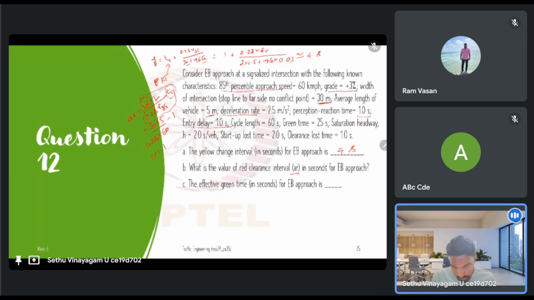So let's look at how to calculate the effective green. The relationship between effective green and the green is like this. The effective green is equal to the green time plus the change interval time plus the all red time, minus the total loss time. Basically, it is the total amount of time available for you to move, minus the total amount of time that is not utilized to move.